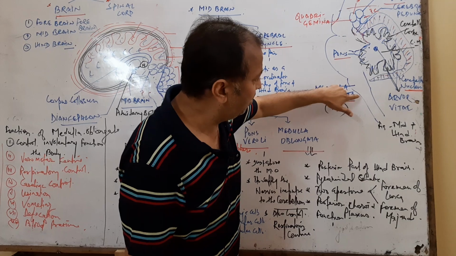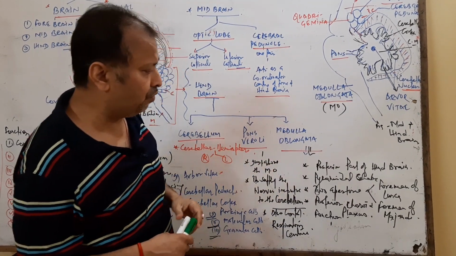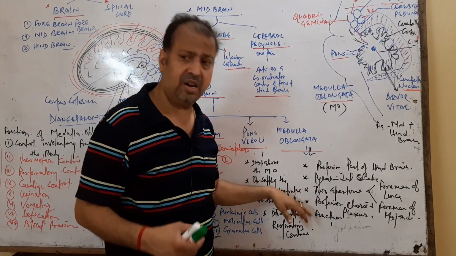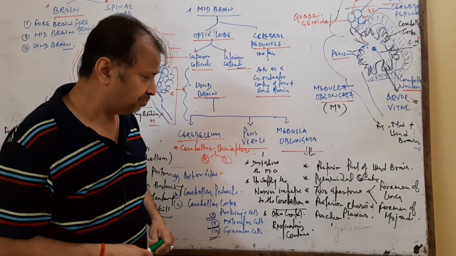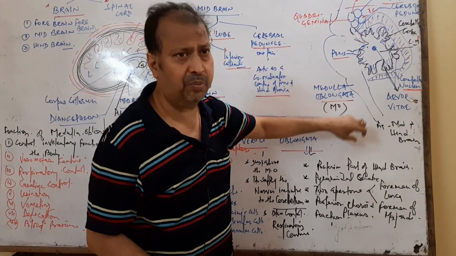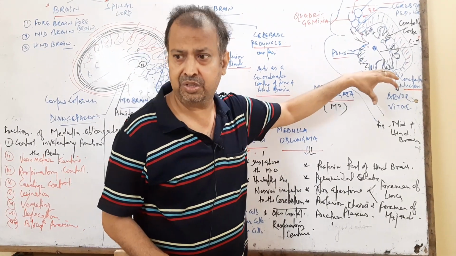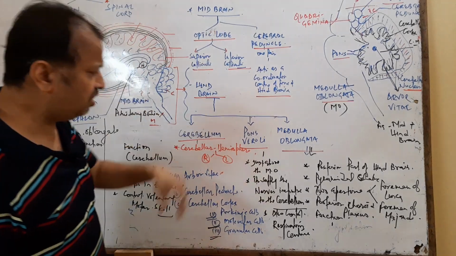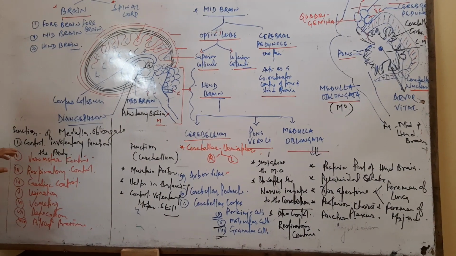The roof of the medulla oblongata and lateral part contain two apertures: one is called the foramen of Luschka and the other is called the foramen of Magendie. In this area the posterior choroid plexus is present, where the formation of cerebrospinal fluid takes place. So that is all about the medulla oblongata.